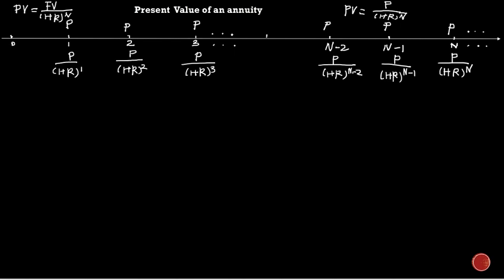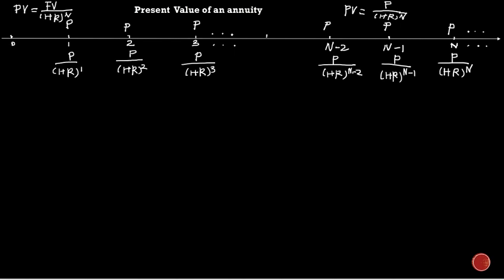So for the first P, going back to this point of time, the present value is P divided by 1 plus R to the first power, because we have one period.